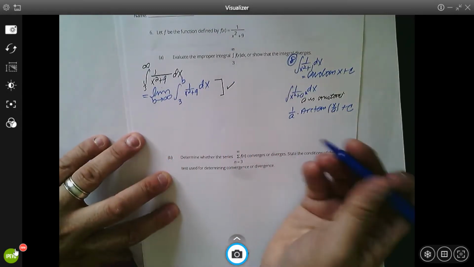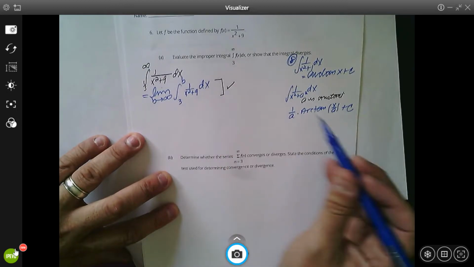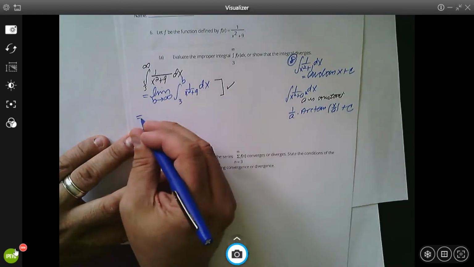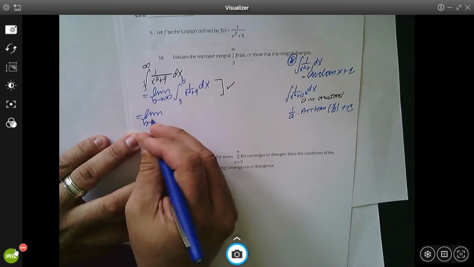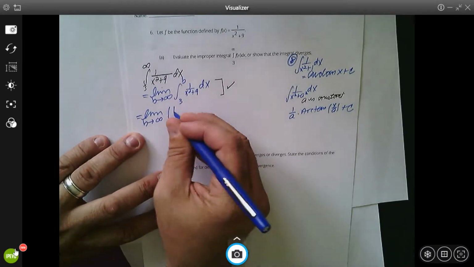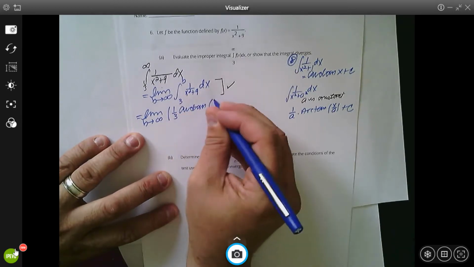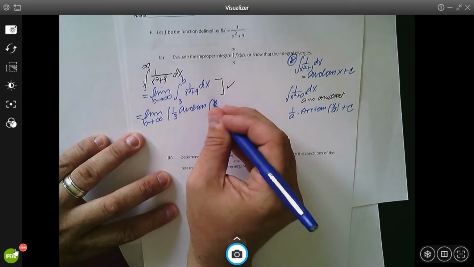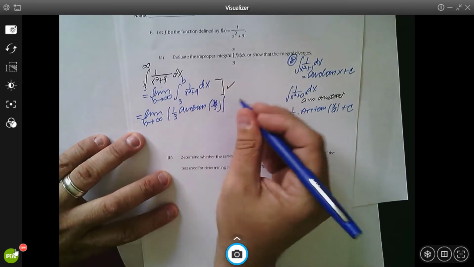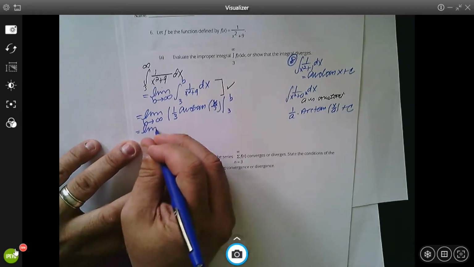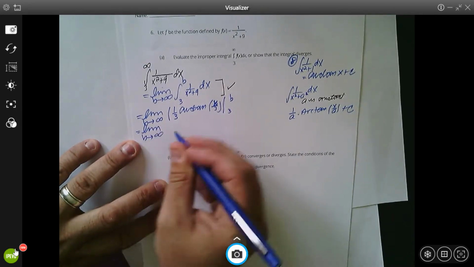If you magically knew how to integrate something of the form 1 over x squared plus a squared, then you would be able to do this next part. This is 1/3 the arctangent of x over 3, and we're going to evaluate from 3 to b. You'll take the limit as b approaches infinity.